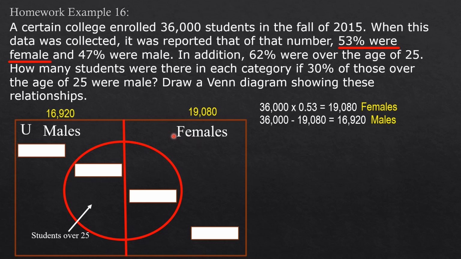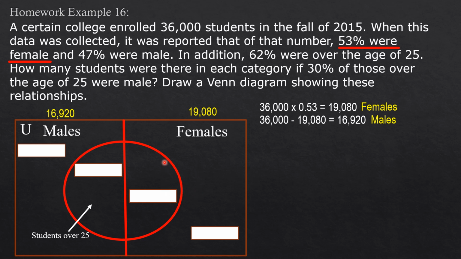Now, I put them on my Venn diagram, but I did not put them inside the diagram. The reason is that this diagram is detailed. The females are on the right side, the males are on the left.